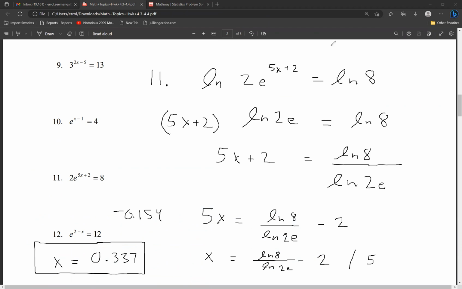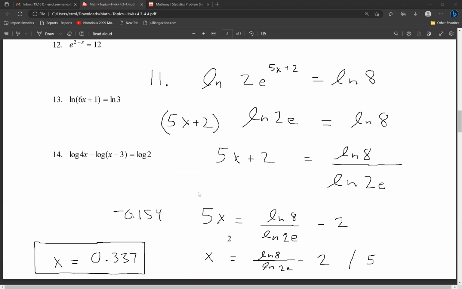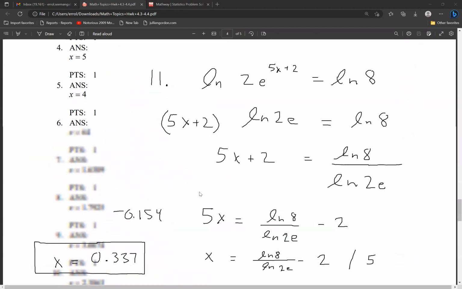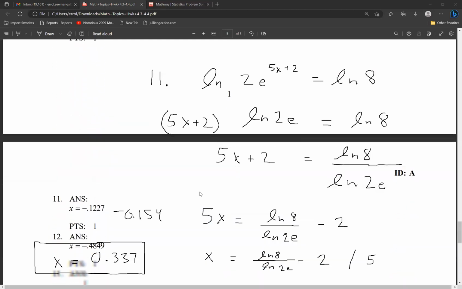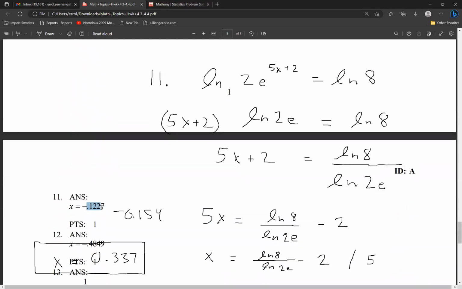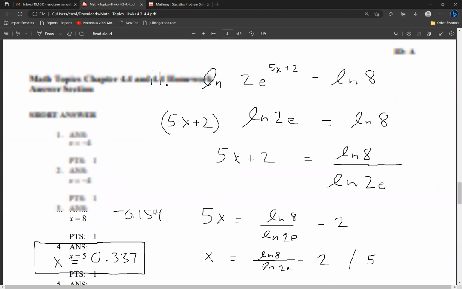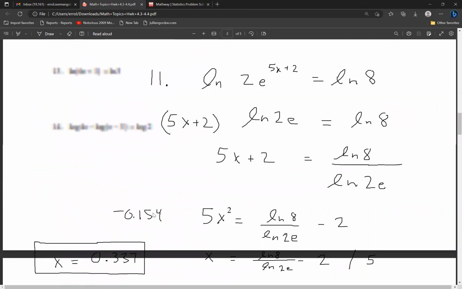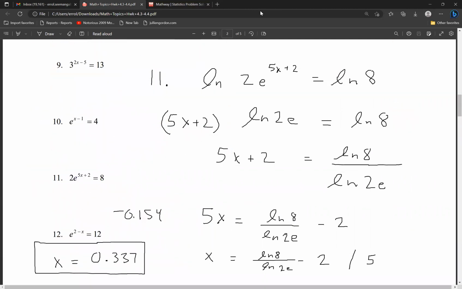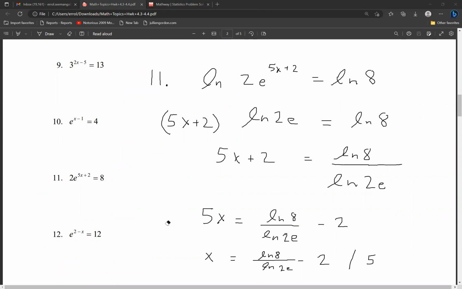What was it? I think they said negative 0.1227. So what did we do wrong on that one? Let's check that again. All right, so let's check our step by step. 5x plus 2.